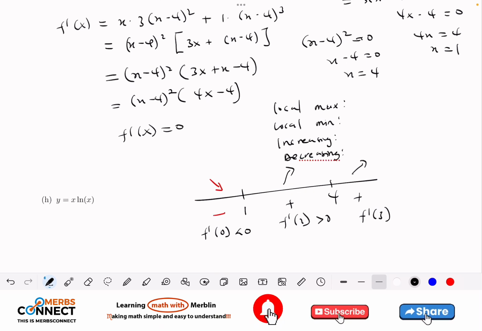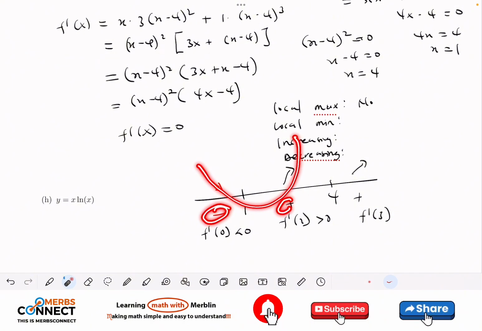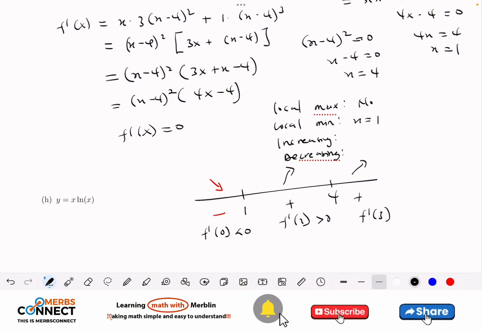Right. So what are we going to do? Local max is, we don't have plus minus, so we don't have it, right? No local max. We have minus plus, which is giving us concave up. So we have it at x is equal to 1.